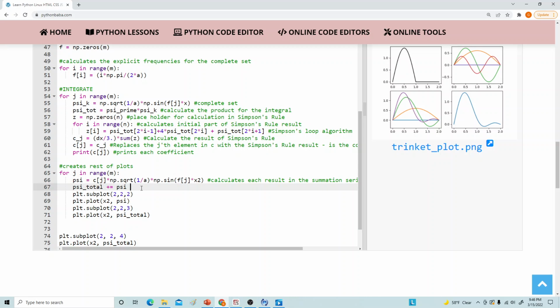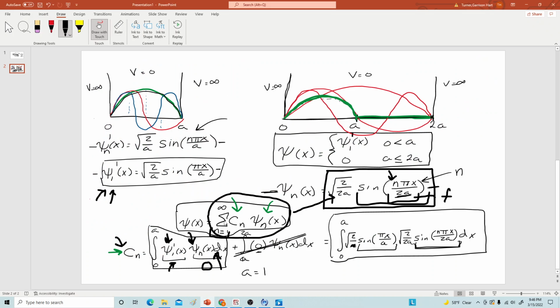This line of code creates the sum series. So after I find C1 and C2 and C3, this line of code actually performs the summation, right?